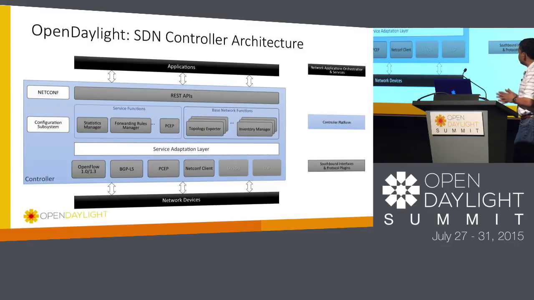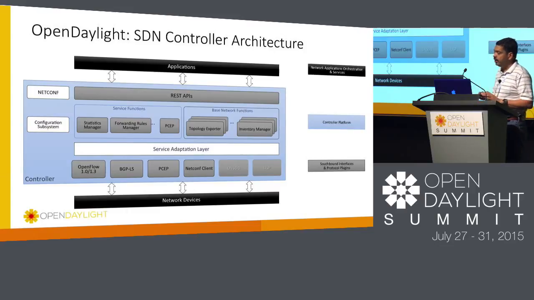Okay, so this diagram or something similar to this, you probably have seen many times if you have looked at ODL. You have the standard southbound plugins, which are typically the protocol plugins to talk to the network elements.